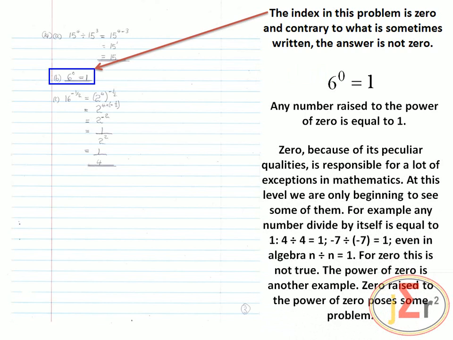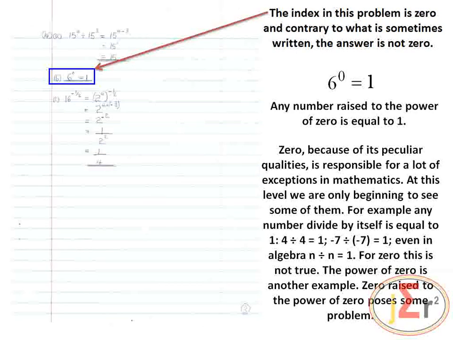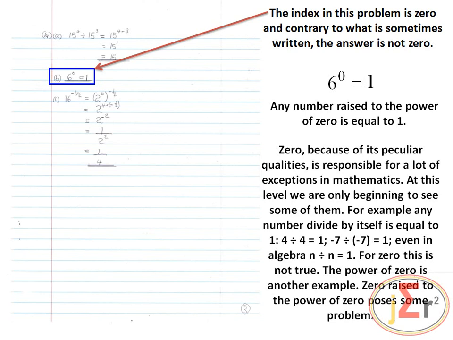At this level, we are only beginning to see some of them. For example, any number divided by itself is equal to 1. 4 divided by 4 is equal to 1. -7 divided by -7 is equal to 1. Even in algebra, n divided by n is equal to 1.